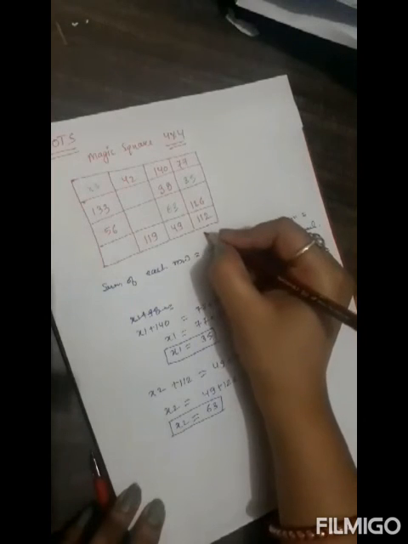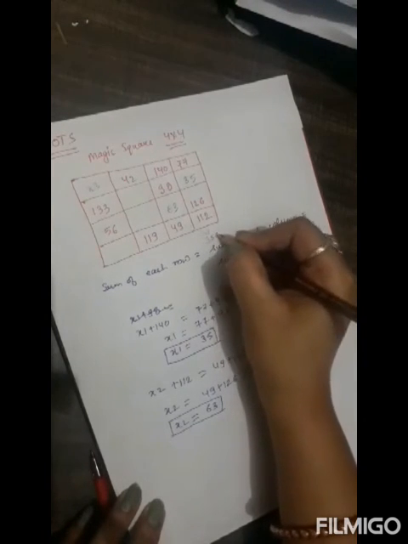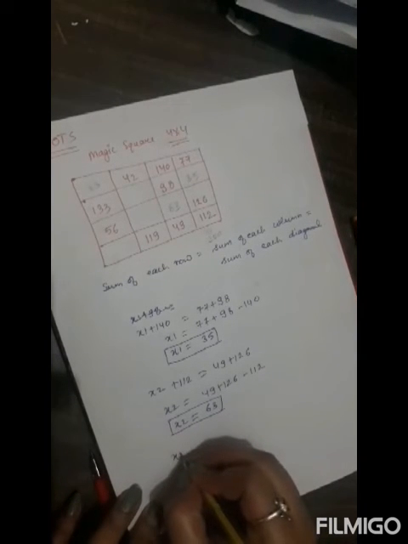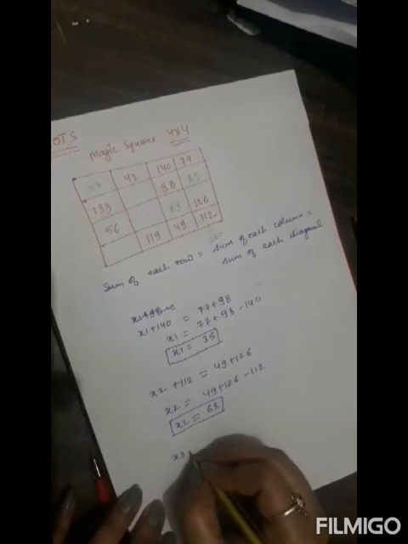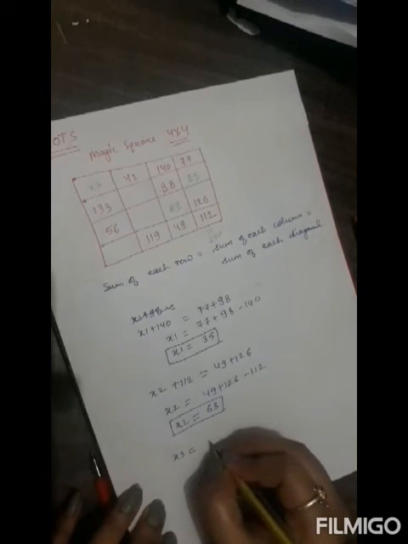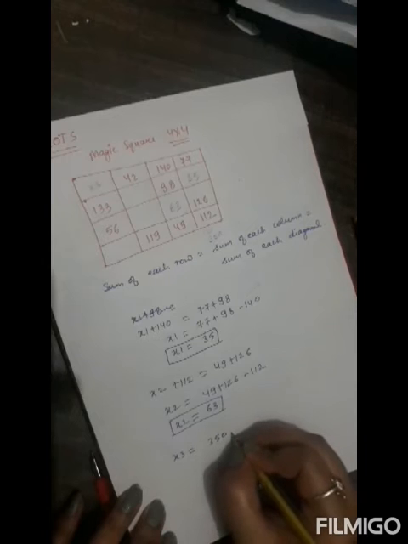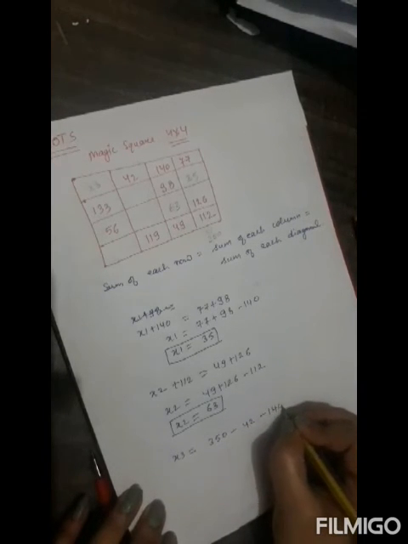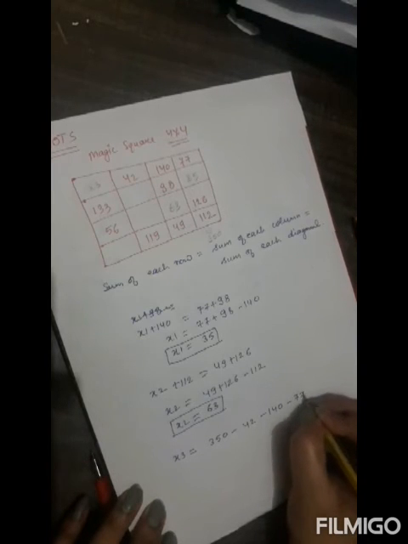Yes, the sum is coming out to be 350. So what I can do, x3 is equals to 350 minus 42 minus 140 minus 77.